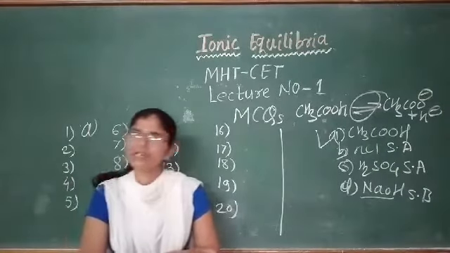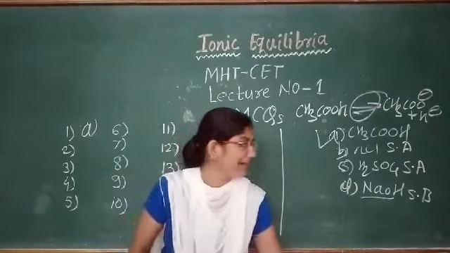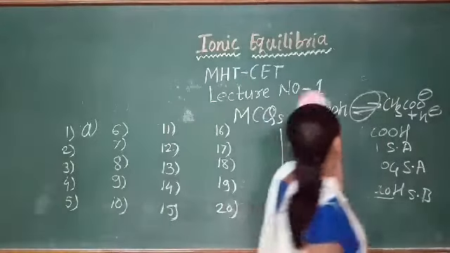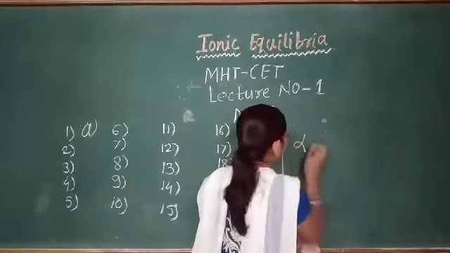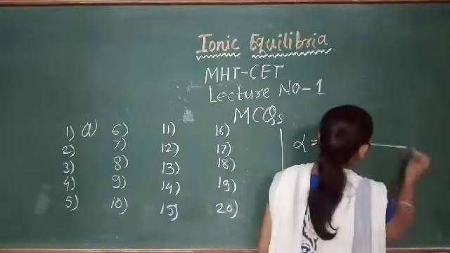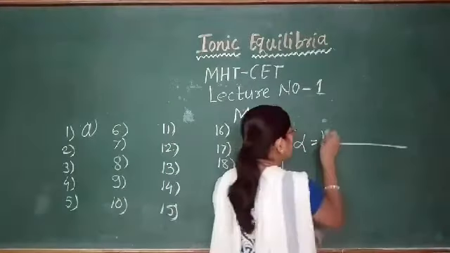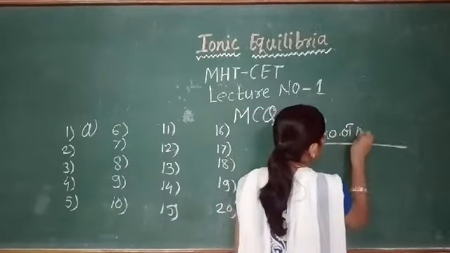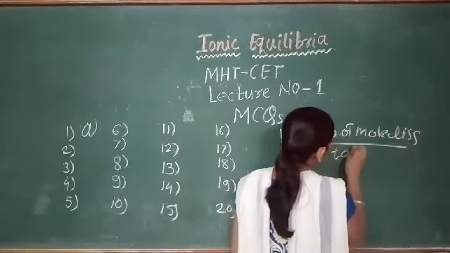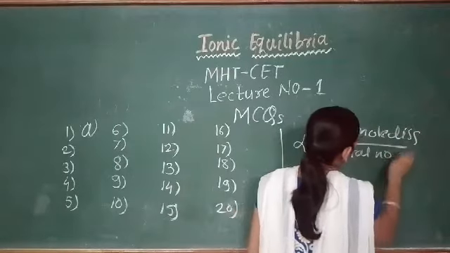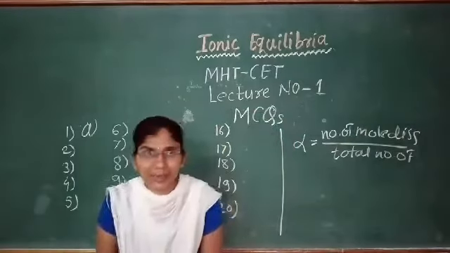Second, the degree of dissociation of an electrolyte is given by the expression. The degree of dissociation is denoted by the letter alpha. How do we define alpha? Alpha is equal to the number of moles dissociated divided by the total number of moles, as we saw in the revision part.